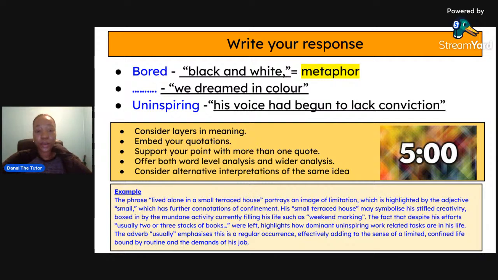So if you're just joining, we're writing our paragraph using the points on the screen or any other points that we may have.